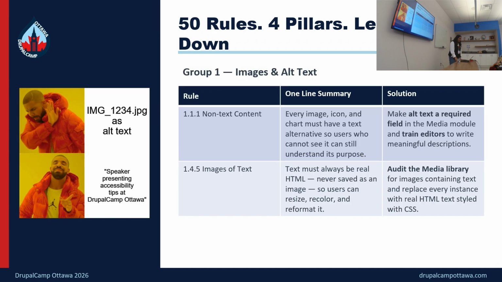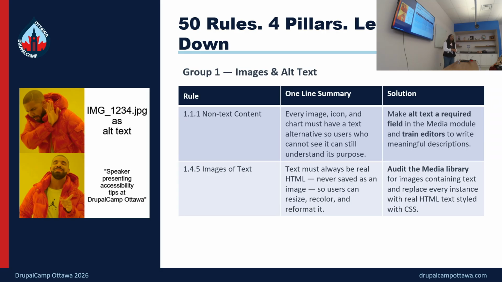Okay. Now, moving on to the first group, that is image and alt text. Rule number 1, that is 1.1.1, non-text content. Every image, icon, chart must have a text alternative so that the end user can read and understand the purpose of that content.